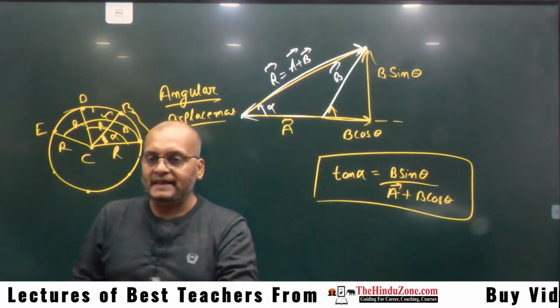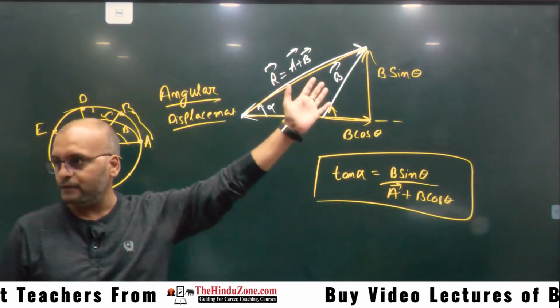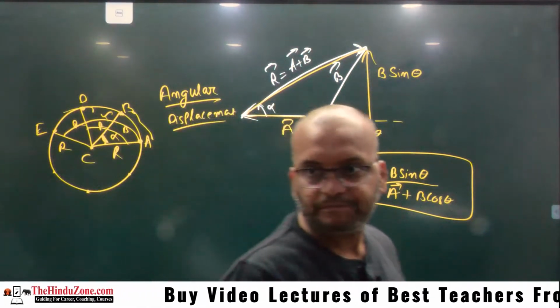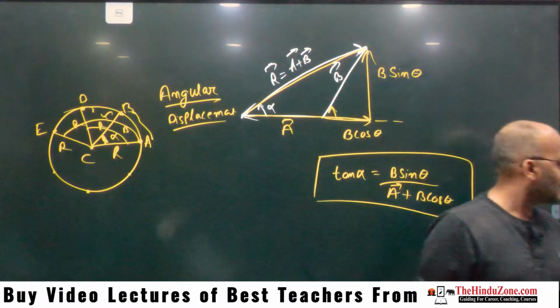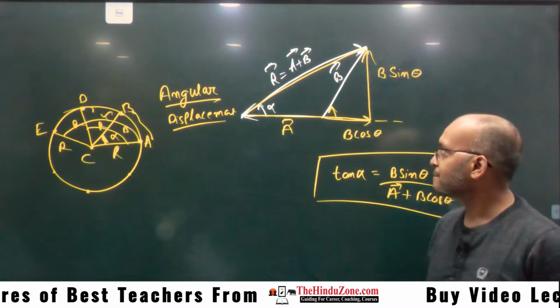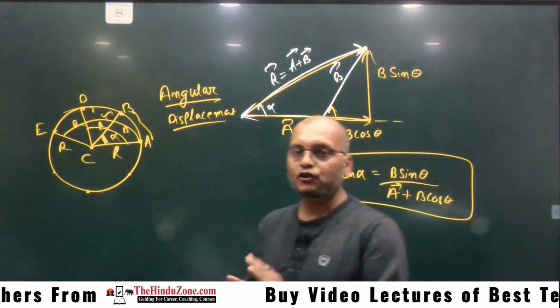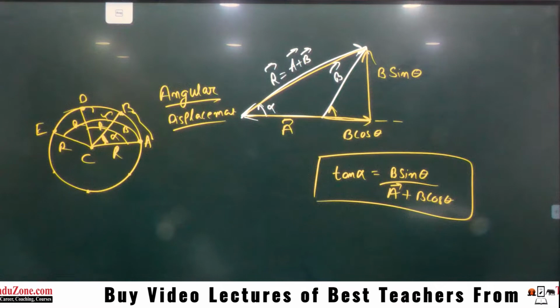Side on which angle rests. That is base. So A plus B cos theta and perpendicular is B sin theta. Fine. Everyone. Shiva, Shireen, Manal, Gayatri, Bhavika. Yeah? Yes, sir. Clear? Yes, sir. Yes, sir. So I hope now addition of vector is clear to you all and you won't ever forget it.